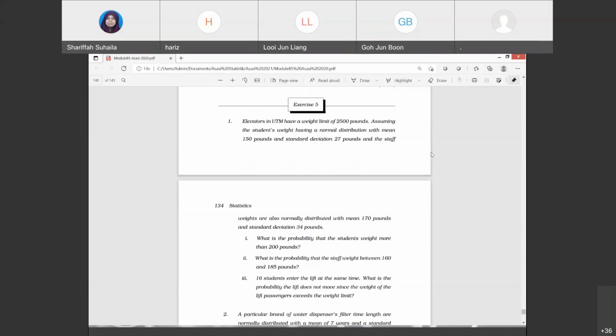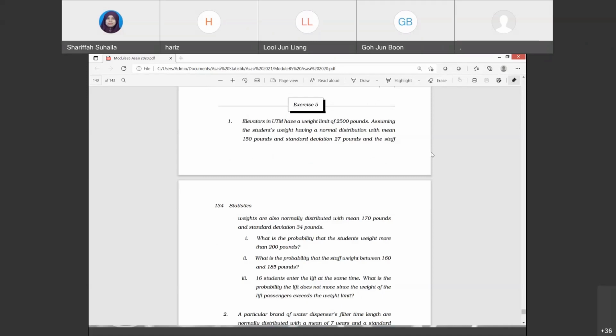So if we refer to exercise 5, question number 1. You have the question: elevators in UTM have a weight limit of 2,500 pounds.